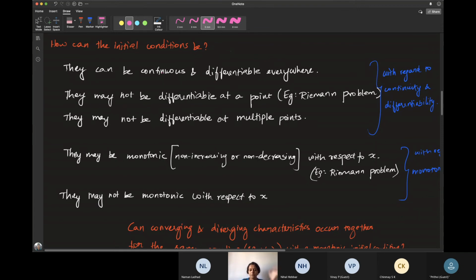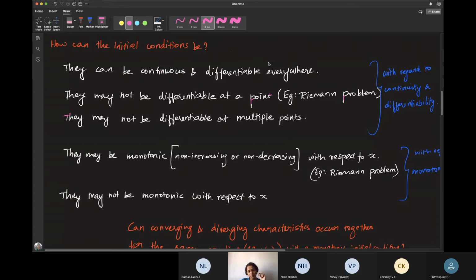Or they may be continuous everywhere but not differentiable at all points, so you may have some points where there is no differentiability. Or you may have a case in which differentiability does not exist only at a point, but everywhere else the function is differentiable. An example for that is the Riemann problem. We have seen the Riemann problem earlier.